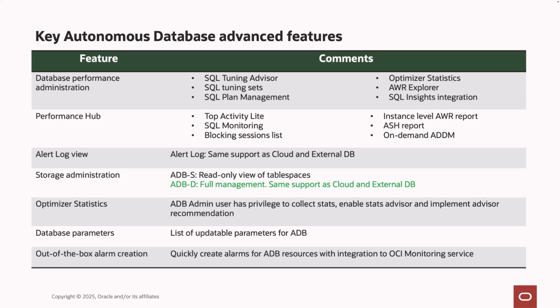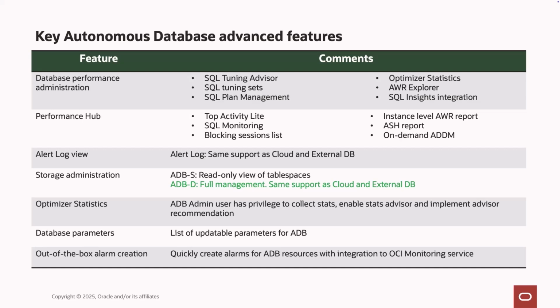We do have read-only views of your bigfile tablespace within the autonomous serverless. But with the autonomous dedicated, we do have full management capabilities. So it's going to be a very similar look and feel to your cloud and external DBs if you're familiar with the service already. If not, I do show this a little bit later on in the presentation.